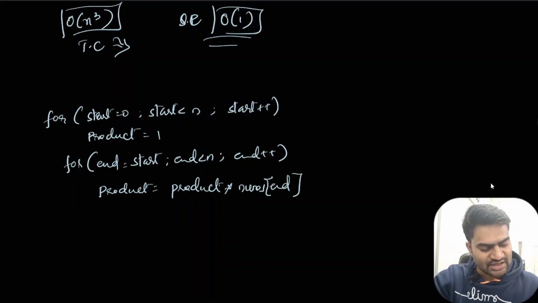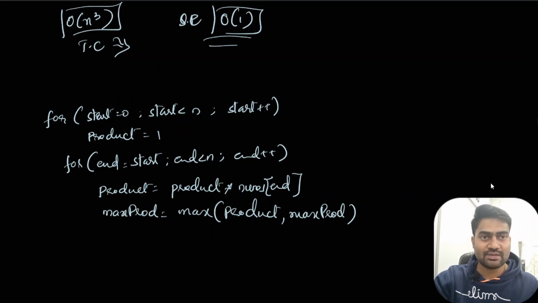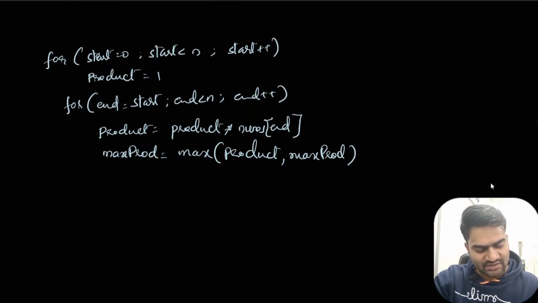Correct, right? Then immediately after that, I will say max product equal to max of product comma max product. So this will update us the maximum product, and finally I will return my max product.